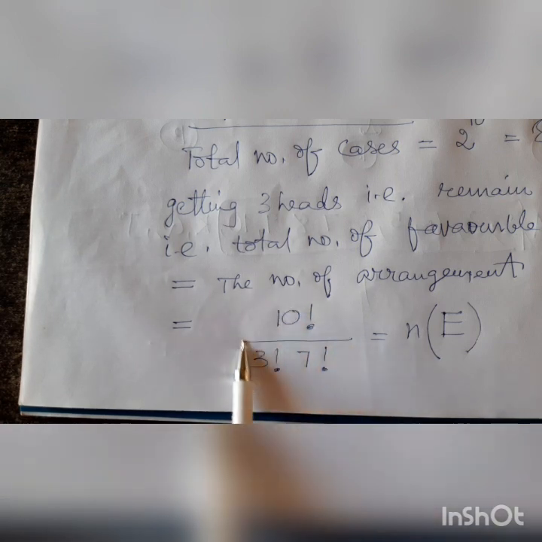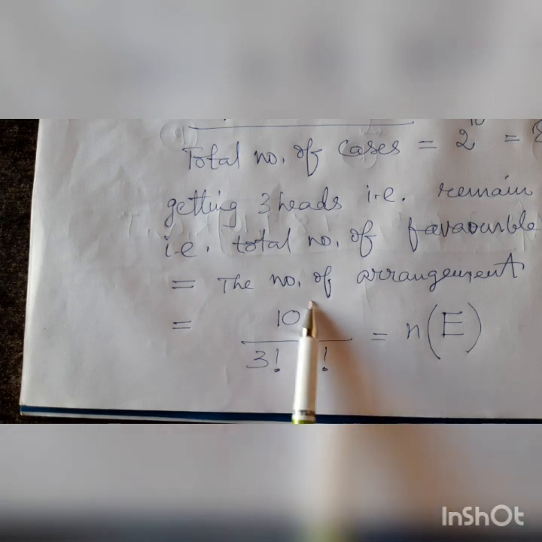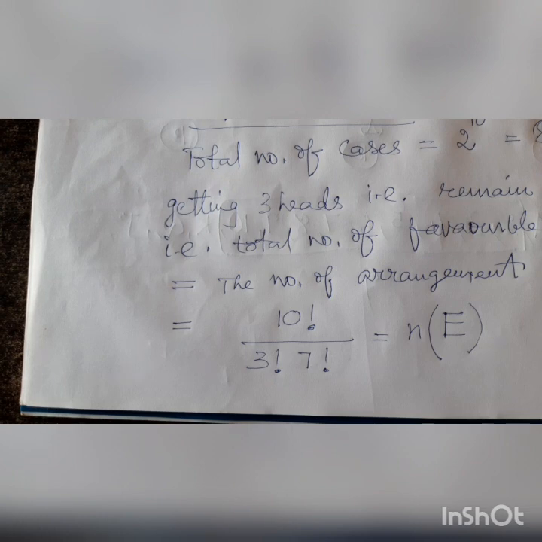When three heads turn up while tossing 10 coins, we can write it like this. This is the formula we have learned in permutations, that is groups.